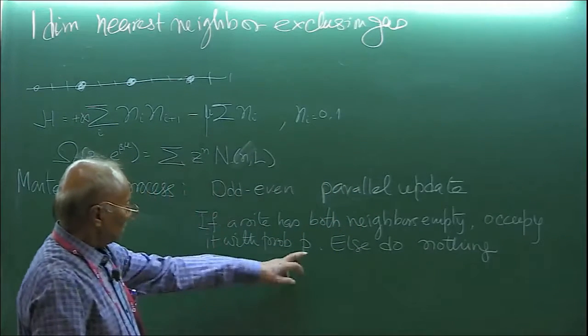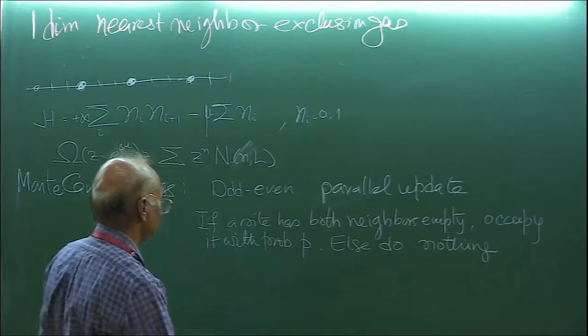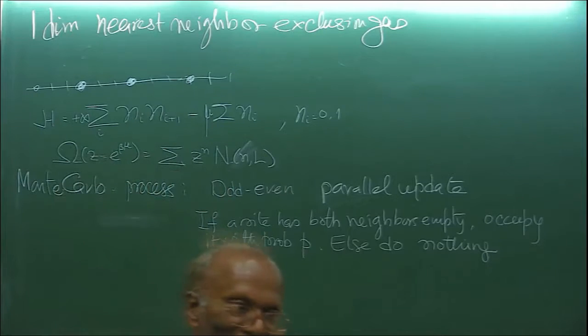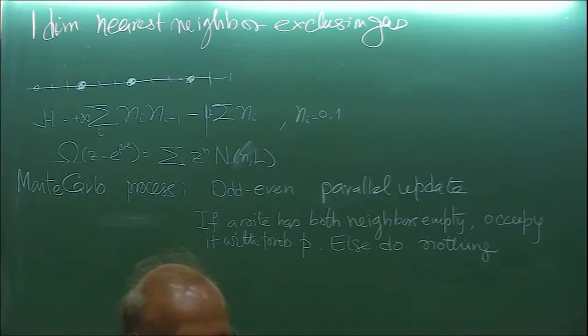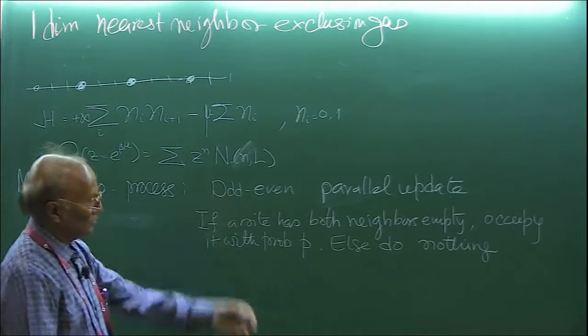Okay, and this is independent of what was the status of this site. It may have been occupied or empty, I don't care. I just first erase the current position and then reoccupy it with probability p. Okay? So now, what will happen to this?